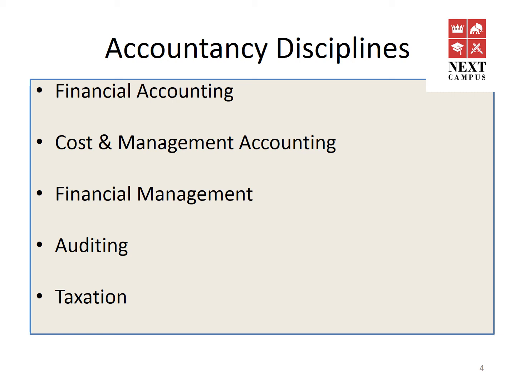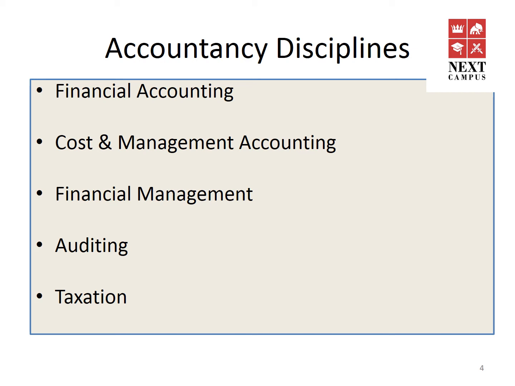The first one is basic financial record keeping, which we call financial accounting. The second one is cost and management accounting. That's financial record keeping for the purpose of decision making by the management of the business.